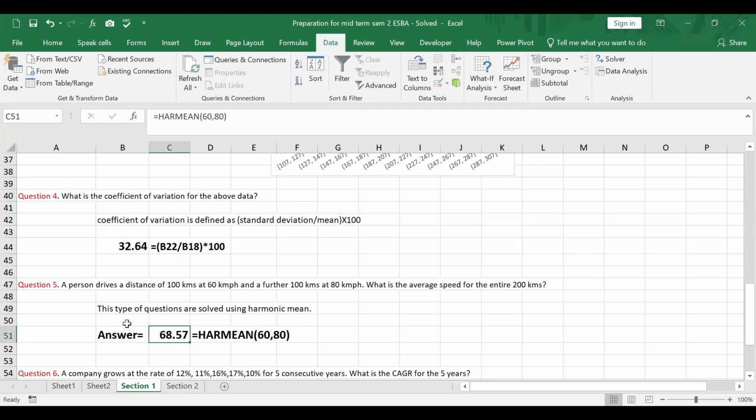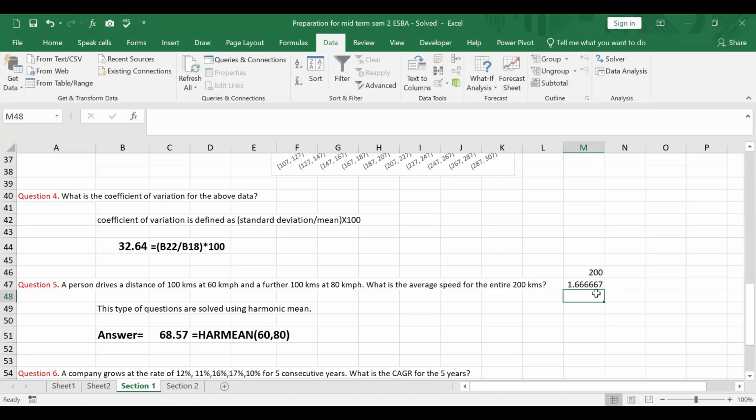And you can verify that by saying, okay, 100 kilometers at 60 kilometers per hour, how much time did you take? 100 kilometers at 80 kilometers per hour, how much time did you take? Total distance is 200 kilometers, divided by the time taken for each of these. 100 plus 100 is the total distance covered. Time taken for the first leg is 100 by 60.